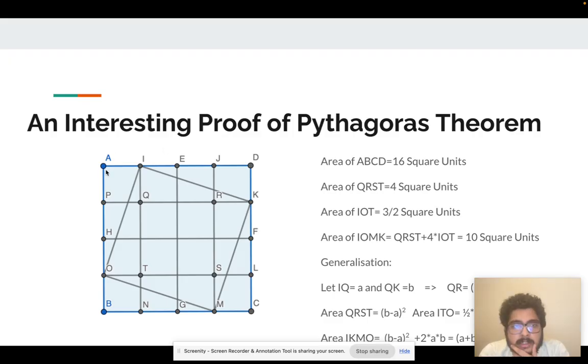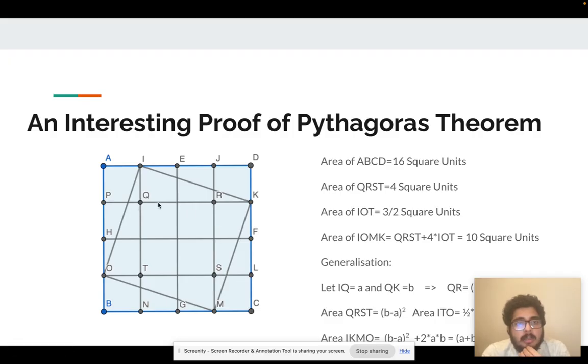Now obviously if each side has length of 4 units, then the area of this square is 16 square units. Notice that now we have to just find the area of the square inside. How do we do it? So this square, QRST, will have an area of 4 square units because each side has a length of 2.